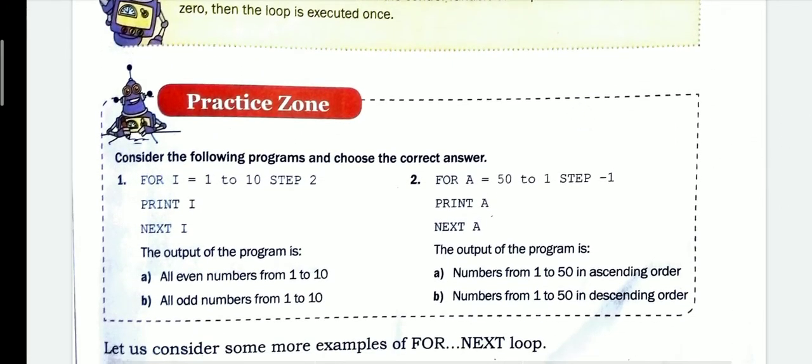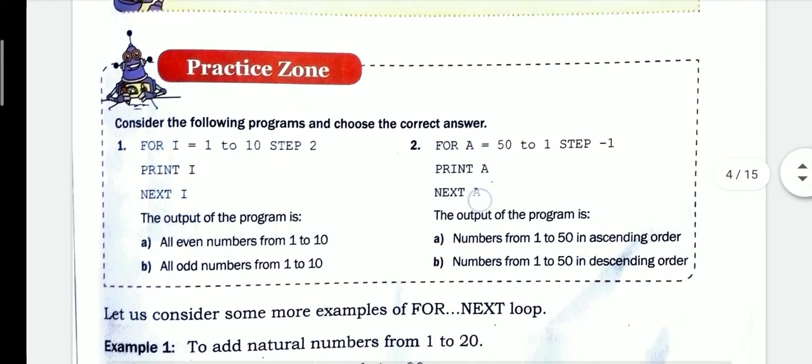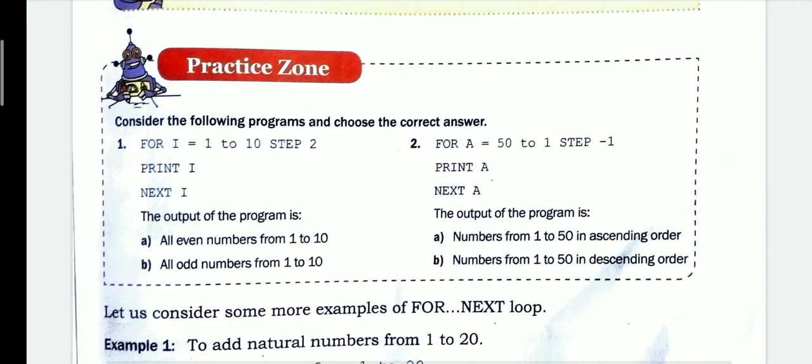Now let's try to solve the practice zone. Consider the following program and choose the correct answer. Number 1: FOR I = 1 TO 10 STEP 2, PRINT I, NEXT I. The output of the program is: A, all the even numbers from 1 to 10, or B, all the odd numbers from 1 to 10.